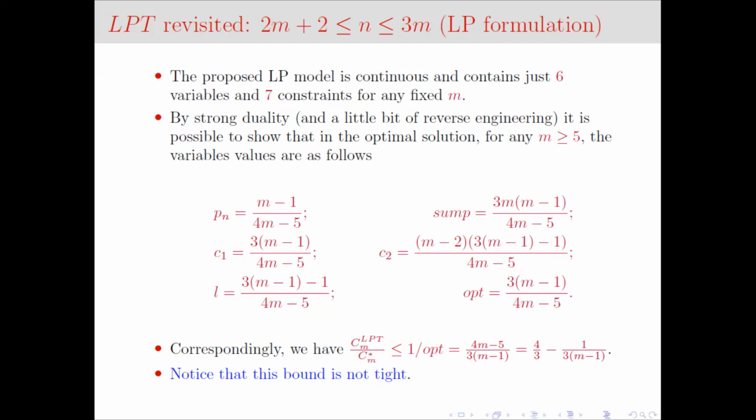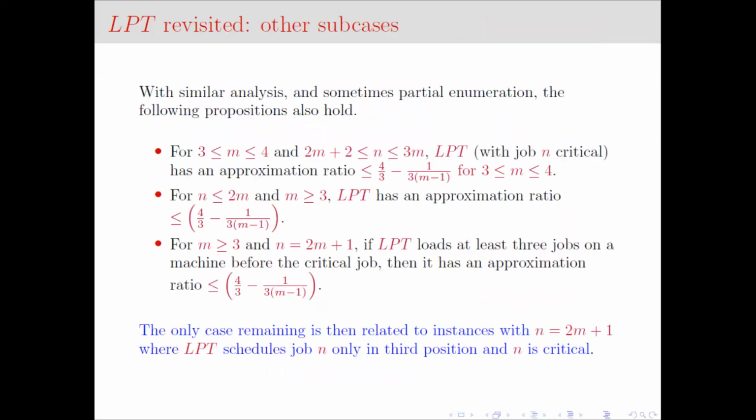So in this case, we are just ruling out the possibility of having a worst case corresponding to the worst case by Graham when n is in between 2m plus 2 and 3m. So now we are happy because we are getting closer, because now we really have to deal just with the case where n is equal to 2m plus 1.